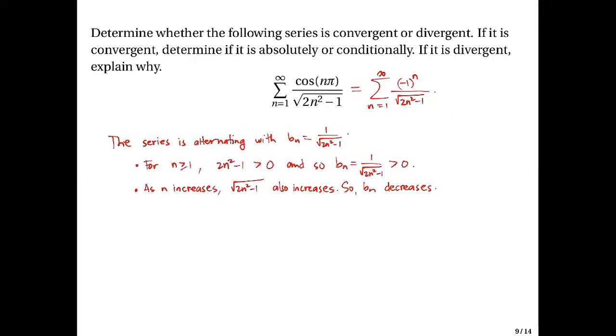Finally, the limit as n approaches plus infinity of b sub n, which is the limit of 1 over square root of 2n squared minus 1, is equal to 0.